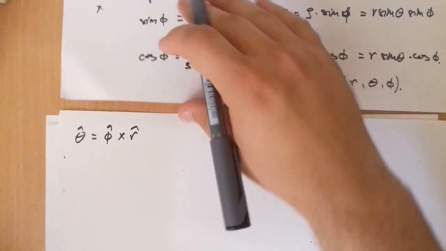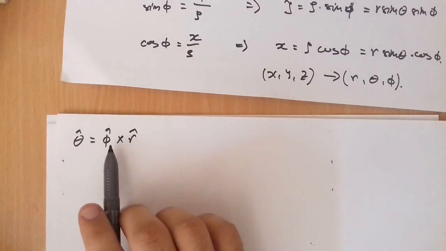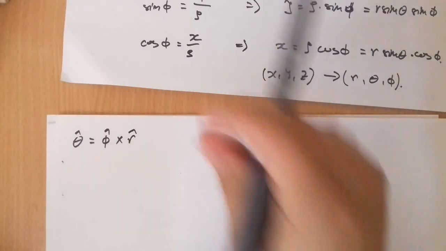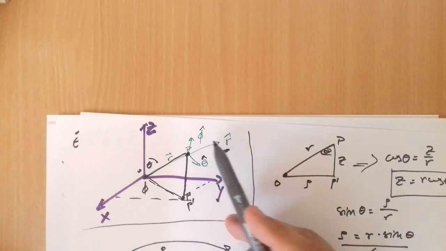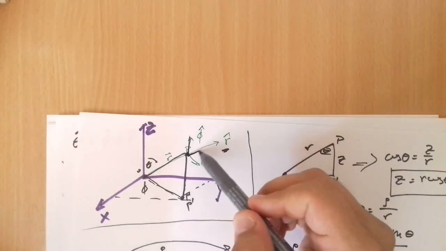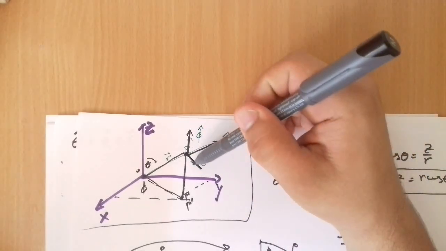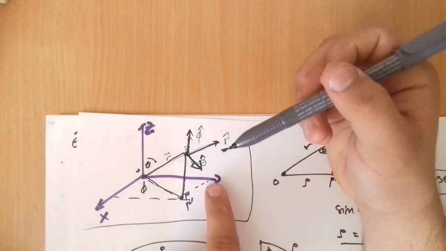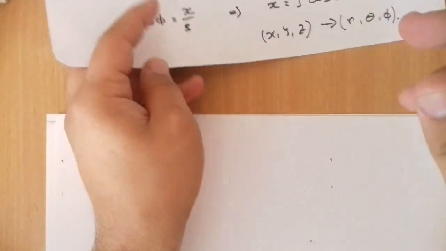Why? Because we know that the cross product between two vectors gives us a third vector, the normal to those two. So we can find this vector quite easily.